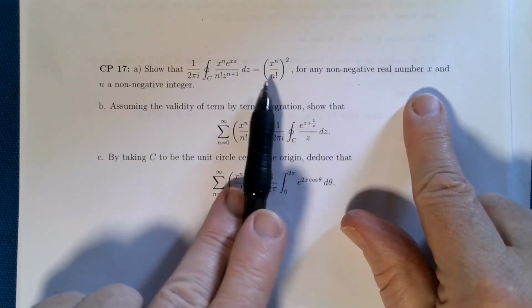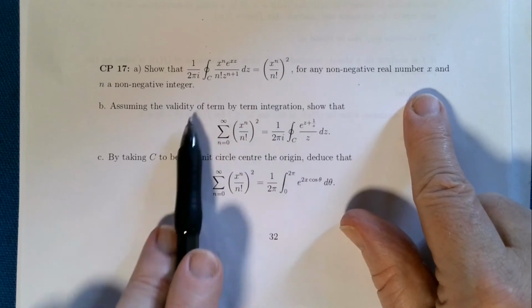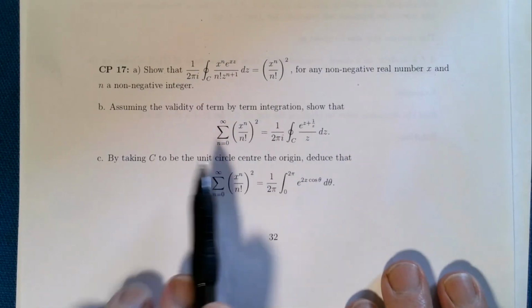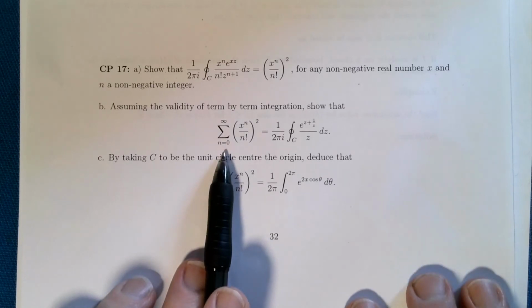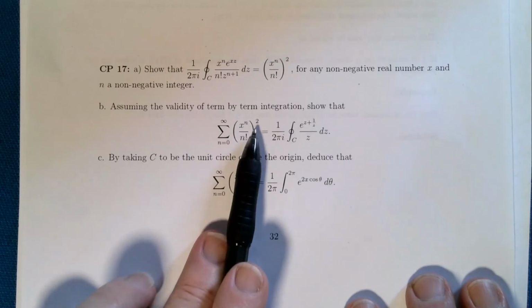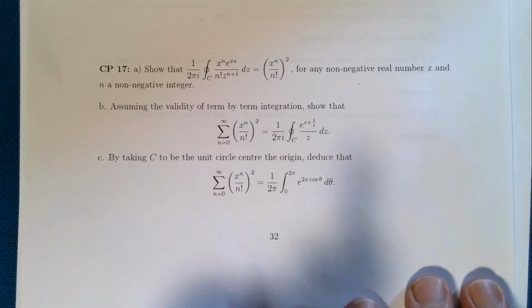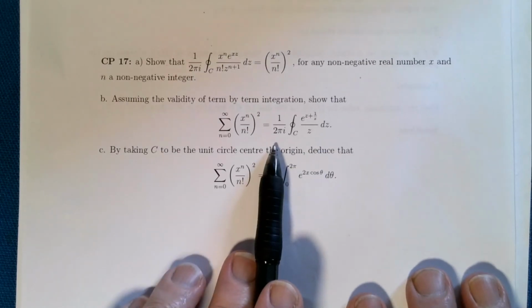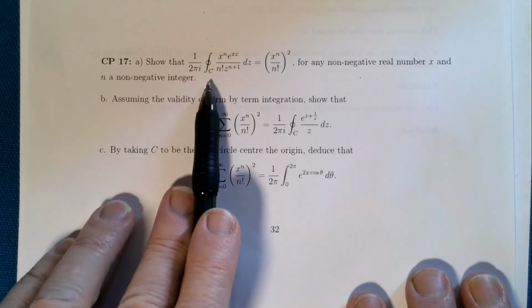Now, assuming the validity of term-by-term integration, then you're asked to show that this sum, so summing both sides, the sum of n equals 0 to infinity of x to the n on n factorial squared, can be written in terms of this contour integral. And now you simply take C to be, so C here is any contour containing the origin.